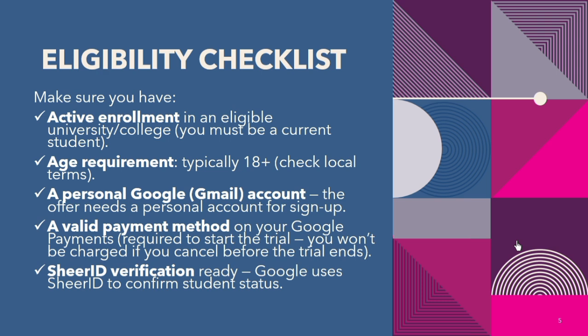So then you also need a valid payment method. You need a credit card, but you know what? You are not going to be charged anything. The essence of the credit card is just to be sure that, okay, for this 1 year that you are getting for free, after the 1 year you can continue paying if you want to keep using Gemini AI for the subsequent years.